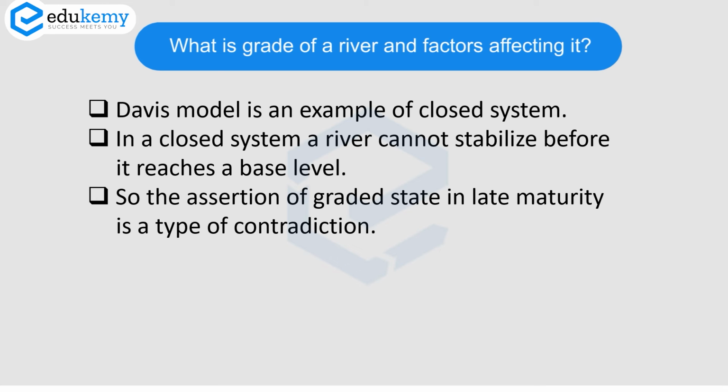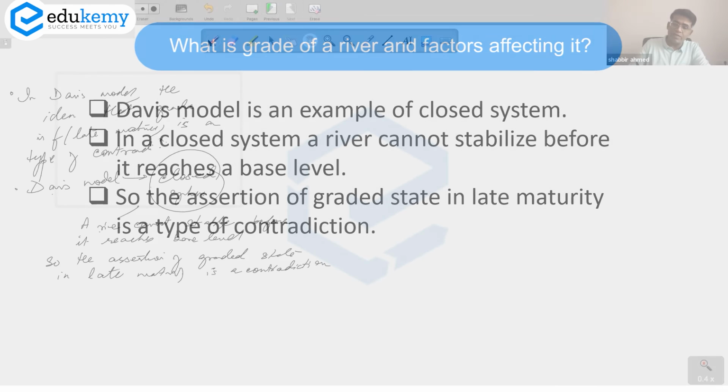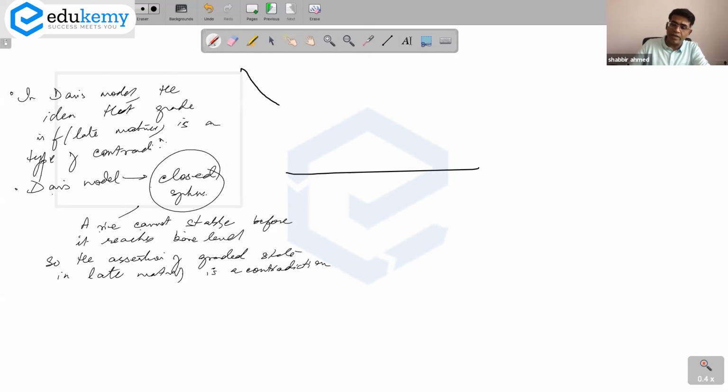So the assertion of graded state in late maturity is a type of contradiction. If this is the base level, the river is moving, the river can achieve stability only when it hits the base level. Only then can net erosion be equal to zero.